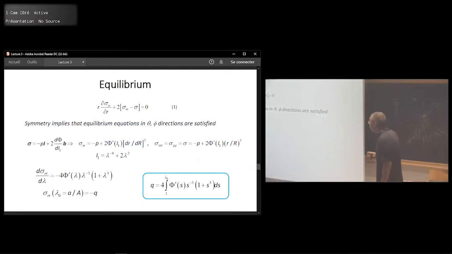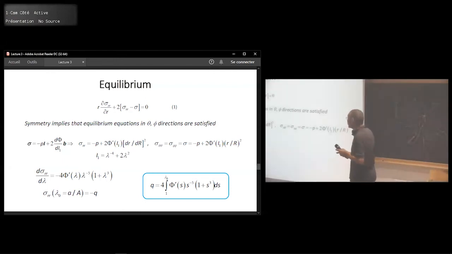Okay, so now we have to use the equilibrium equation. Previously you didn't. Now in this case, because of spherical symmetry, there's only one equilibrium equation, and that is in the radial direction. The other two equilibrium equations are identically satisfied. Okay. Now in order to determine the pressure, your stress tensor is given by this. That's the only modification I make to the standard theory in most papers: I take this for a general material.